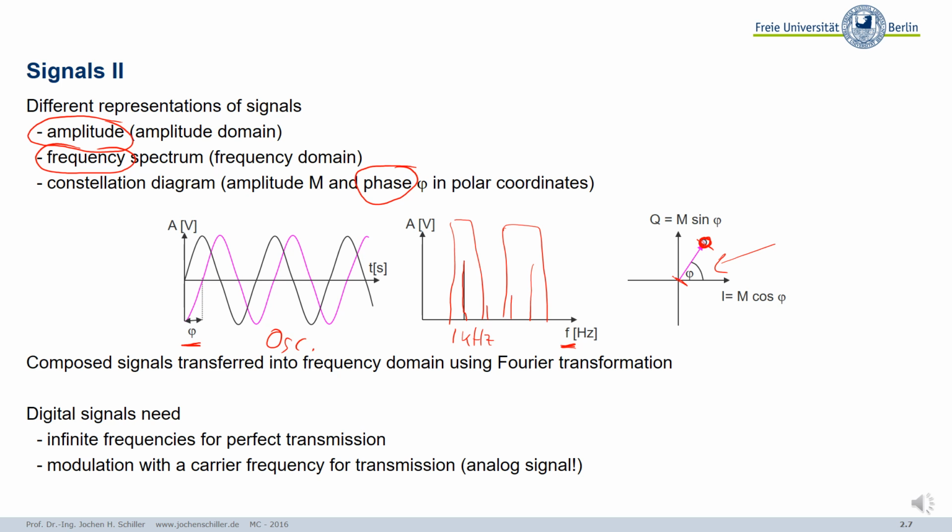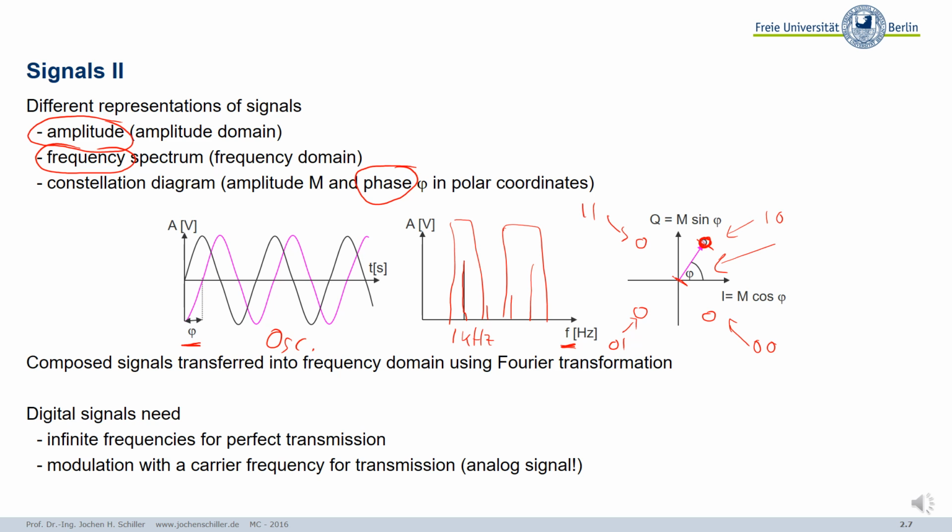And I showed you this in telematics when we talked about modems. I showed you how you can code, for example, 4 points in the constellation diagram, and then you assign digital values, for example, 1, 0, 0, 0, whatever, 1, 1, and here we have 0, 1.